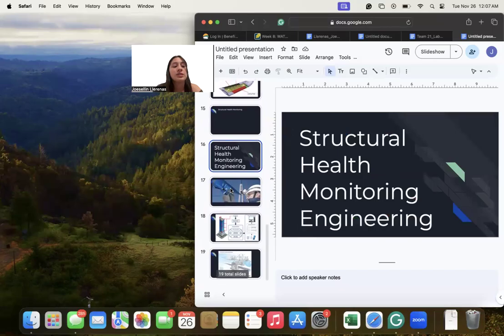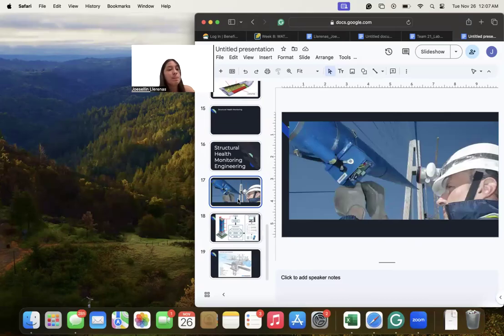Our fourth focus sequence is structural health monitoring engineers. Structural health monitoring engineers basically detect, assess, and predict the health and integrity of a structure over time. They ensure that there is no potential failure that will come from these structures.